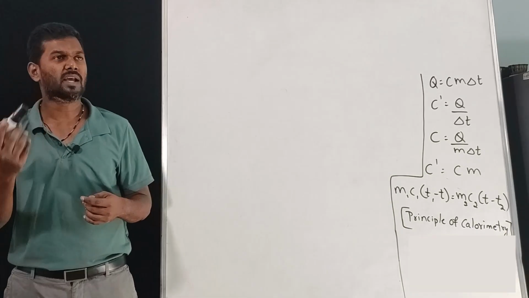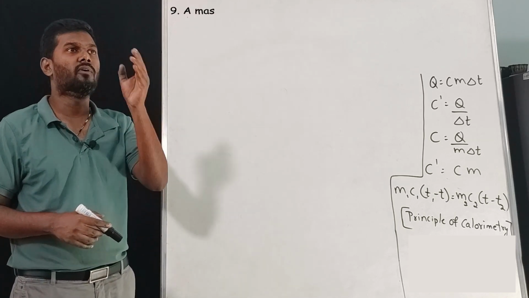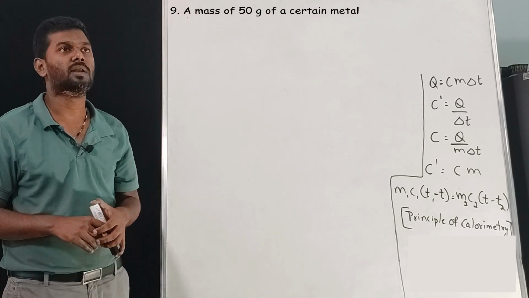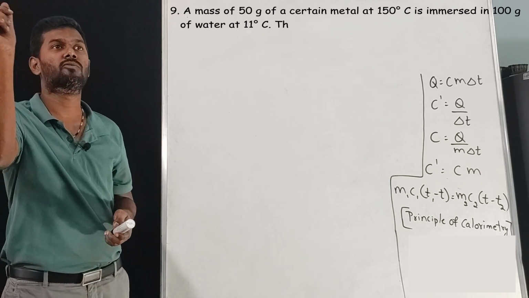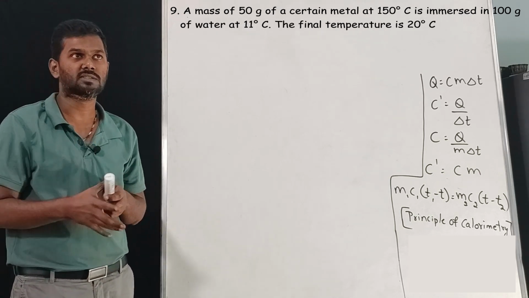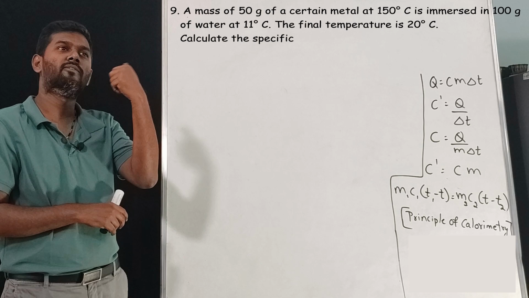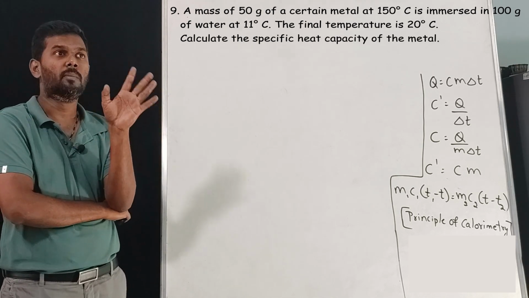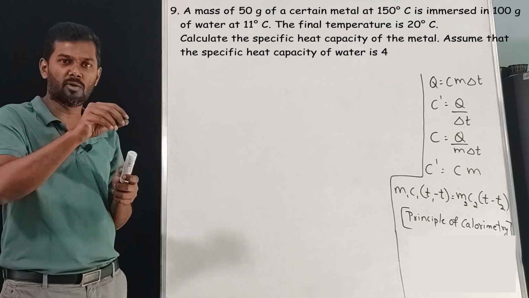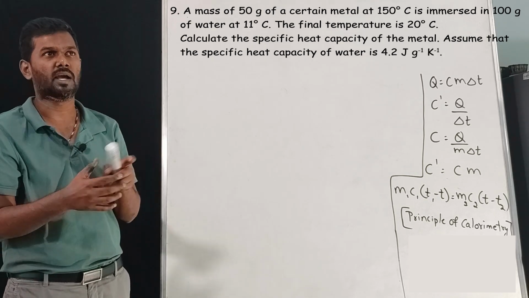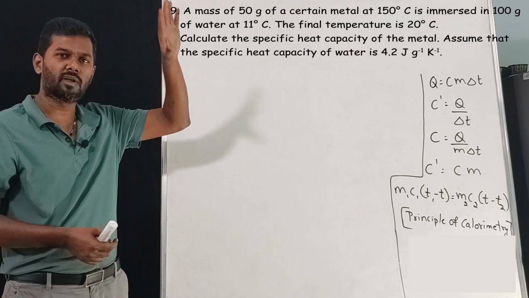That's it. Our next question: 50 grams of a certain metal at 150 degrees Celsius is immersed in 100 grams of water at 11 degrees Celsius. Listen, this question is completely different from previous questions. Why? Because till question number 8 we were not immersing one object in another object, correct? Here we have two objects.